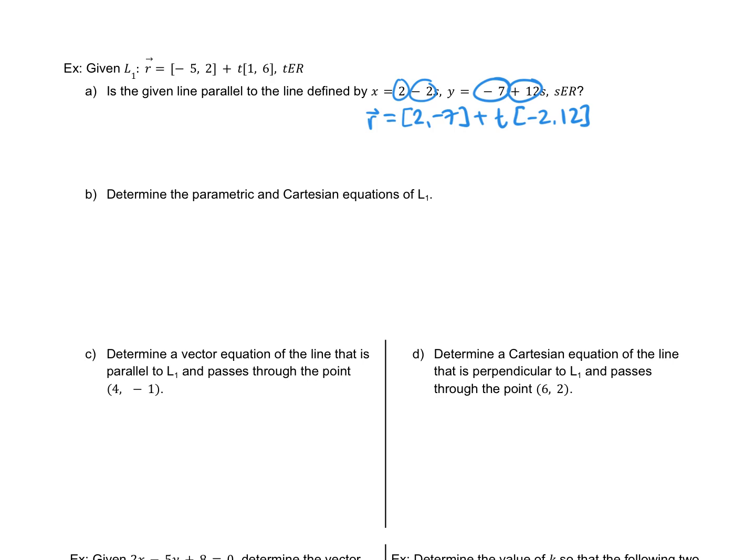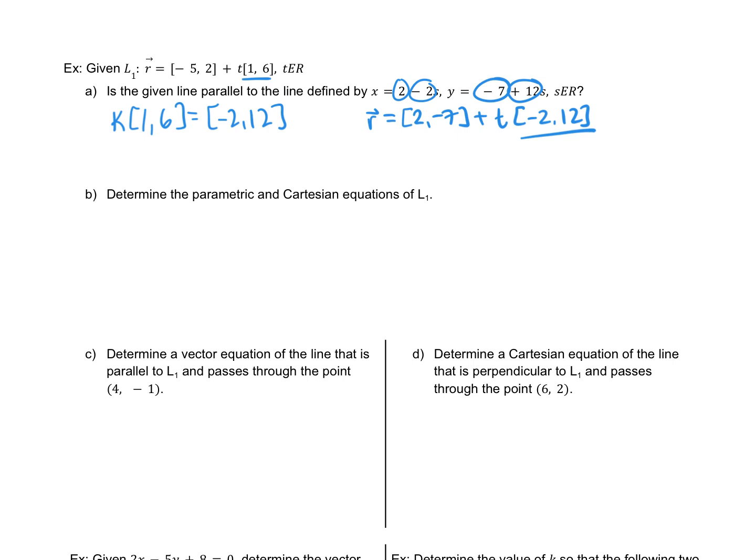So we need to check if 1, 6 and negative 2, 12 are related. So can I multiply 1, 6 by a value, I'll just write k, to get negative 2, 12? No, I can't because the 2 is negative. If it had been positive, then yeah, I could say k is 2.